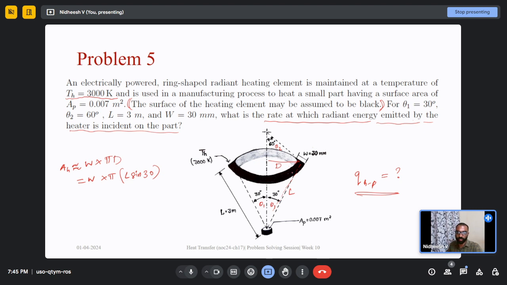We can see that both those lines are the same, right? So can we say theta H equal to 0 degree? Do you agree on that?